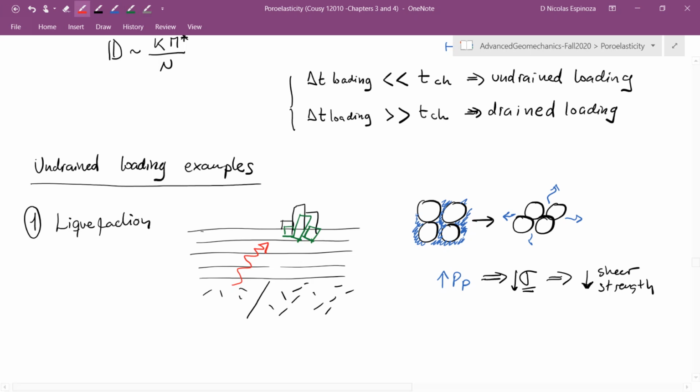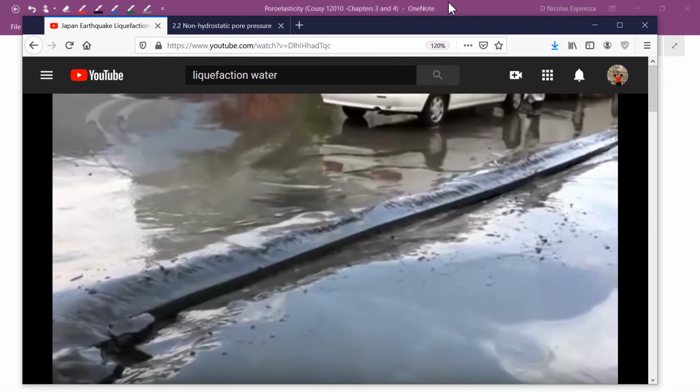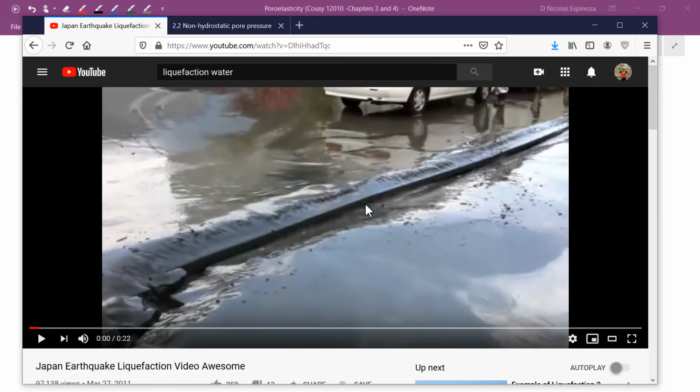Let me actually share an example with you about this liquefaction problem. This video is not 1,000 words, it's 1,000,000 words. Let's see what's going on. Okay, here you have an example of liquefaction in Japan.